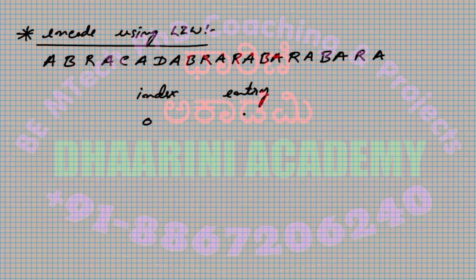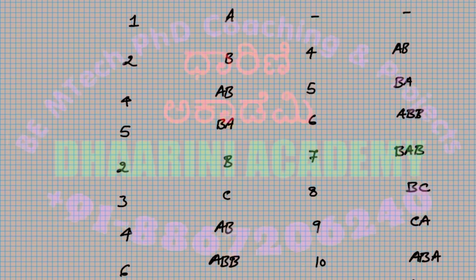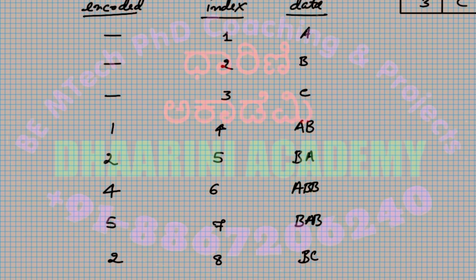So they are giving 0 for A, 1 for B, 2 for C. This is the initial data. I will show you what you wrote, completely. I'll go back to the steps.